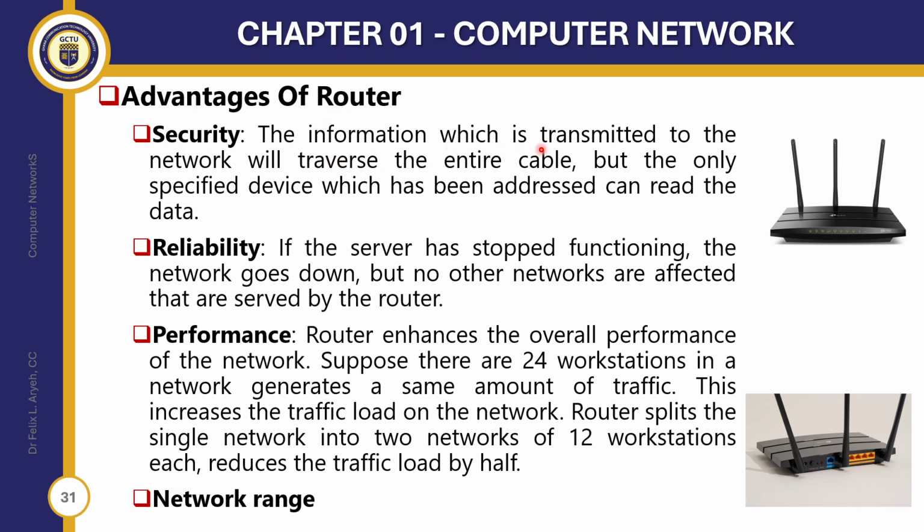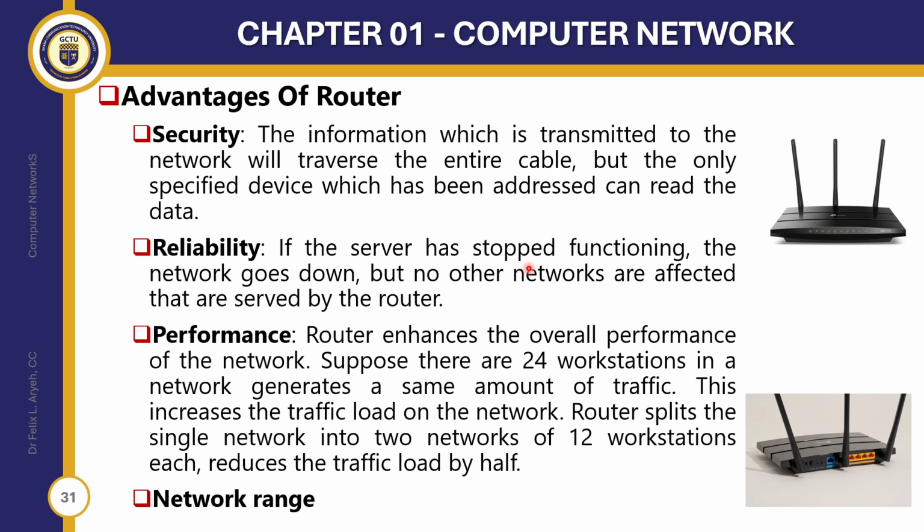The information or data which is transmitted to the network will pass through the entire cable, but only the specified device which is supposed to receive that particular request or data will receive it. It is also reliable.